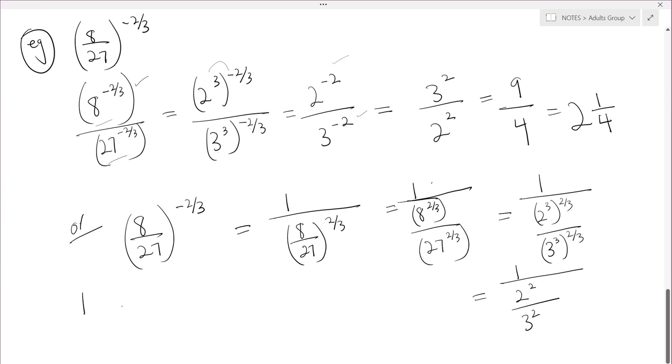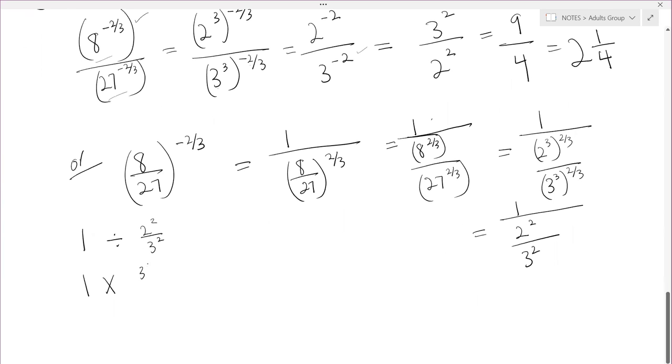So this comes like this, right? 1 divided by 2 squared over 3 squared. We know the rules for division. Change to multiplication. So 1 multiplied by 3 squared over 2 squared, which is just 1 multiplied by 9 over 4, which is just 9 over 4, which is 2 1/4.